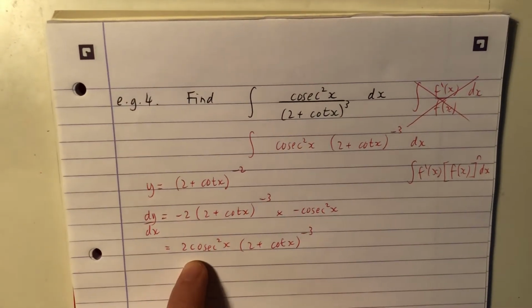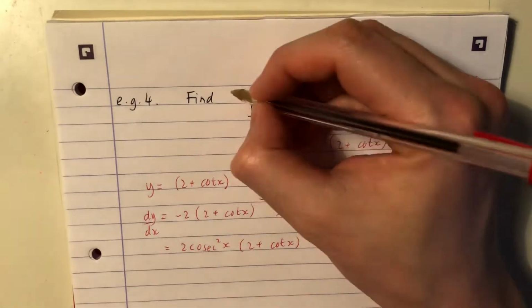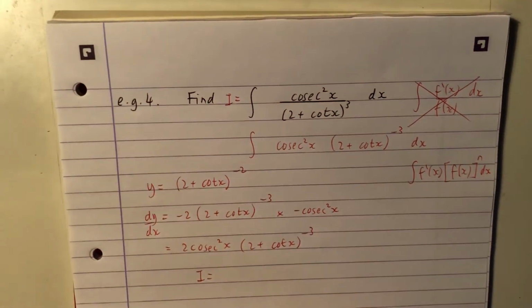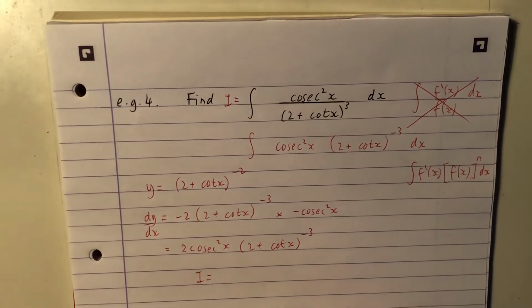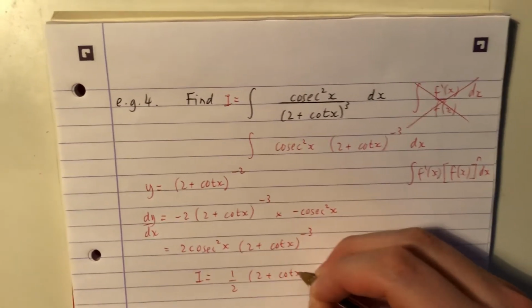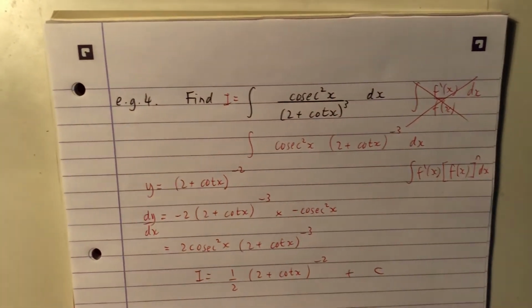How bad is the guess? It's out by a factor of 2. So my initial integral, which I'll call I, is equal to half of my guess. Half 2 plus cot x to the -2 plus c. That would be it.